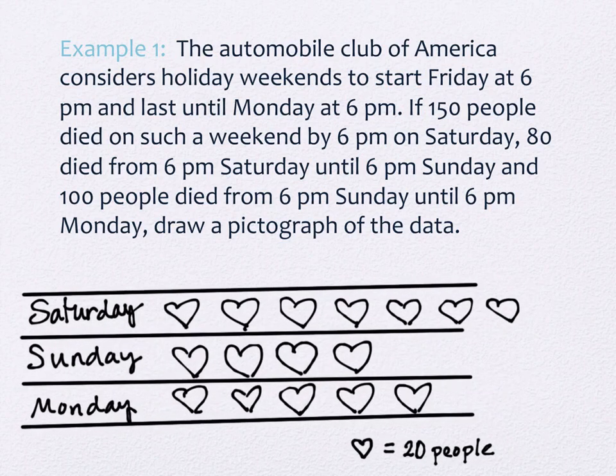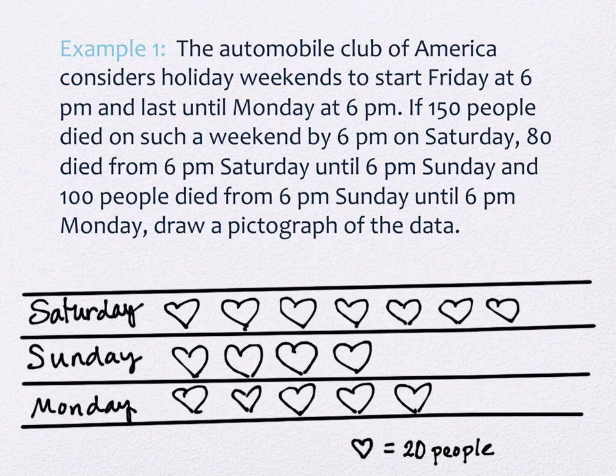Need a little more space. Okay, and then I need a half of a heart because I'm missing 10 of my people. That's only 140 people represented, so I will draw half of the heart. So literally draw the left half and draw a line straight down, indicating that it's not a whole image.